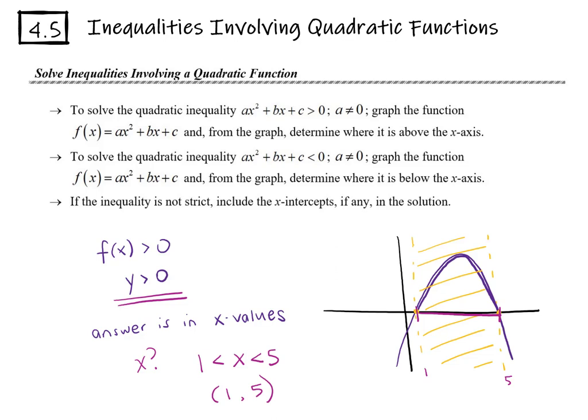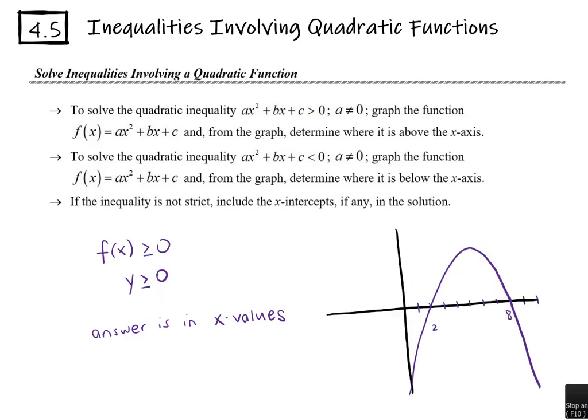Let's do a very similar equation, but this time with an inequality symbol being slightly different. So the question now asks, what happens if my function is greater than or equal to 0? Remember, that means when is it positive and when is it 0? And so we want to look at this graph. We're going to do the same thing.